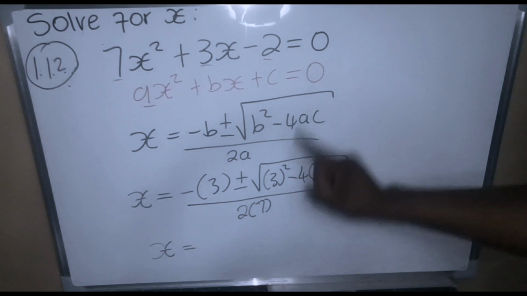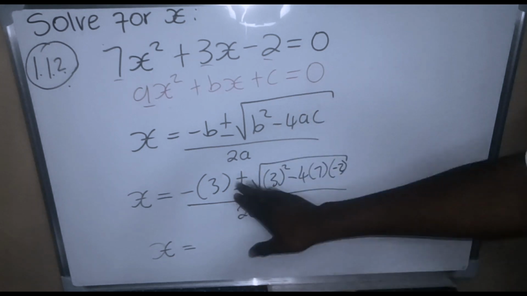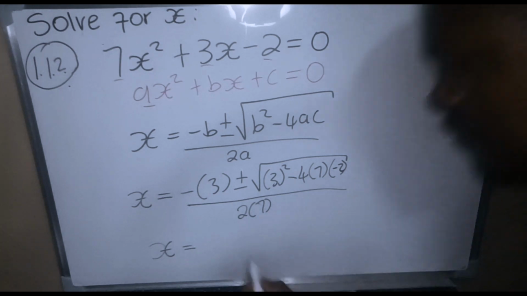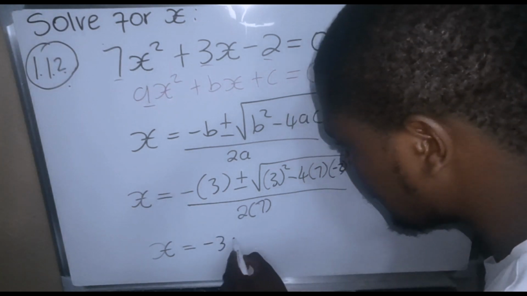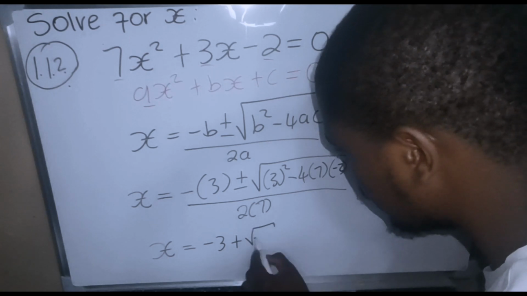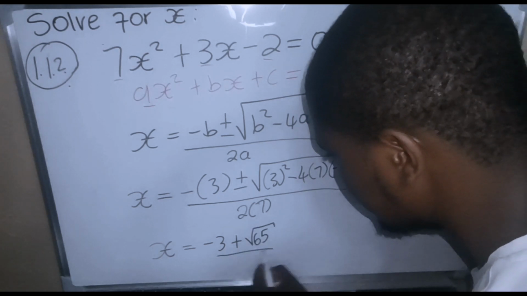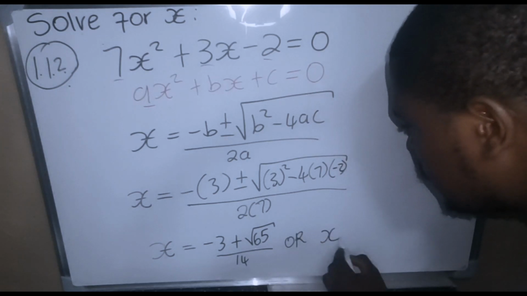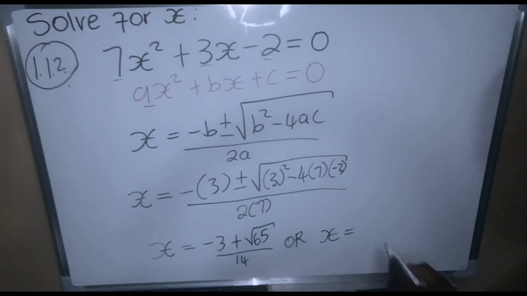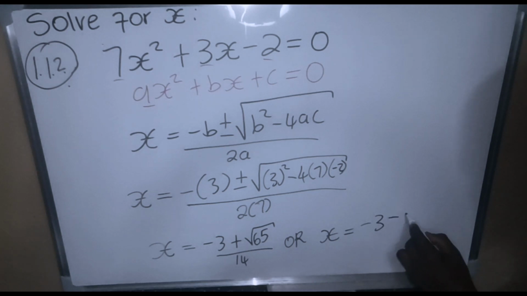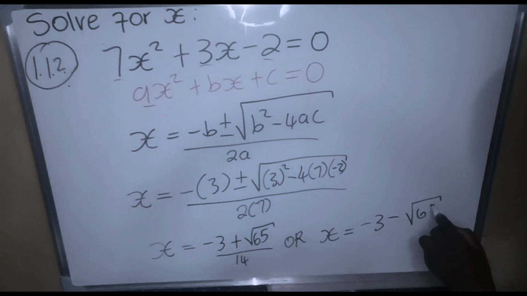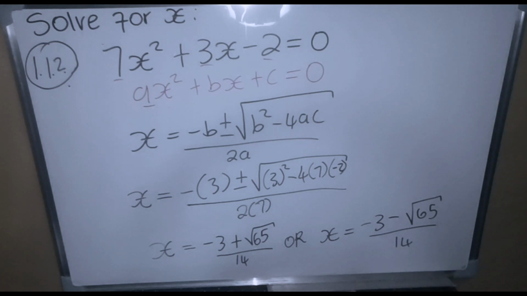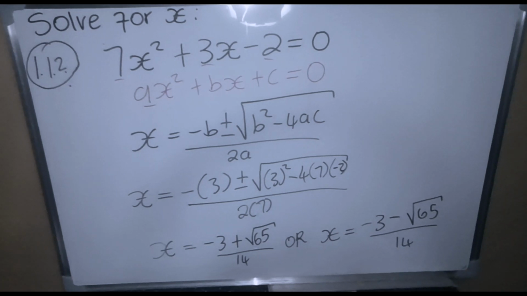When you start with positive, you're going to get x equals negative 3 plus the square root of 65, all divided by 14, or x is going to be equal to negative 3 minus the square root of 65, all divided by 14. And you are done with 1.1.2.